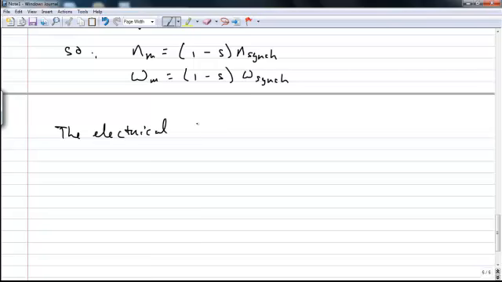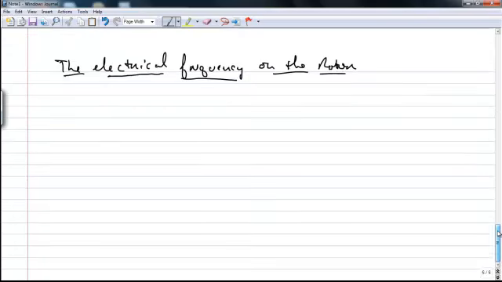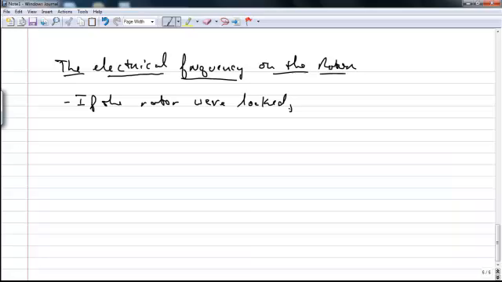Recall that in a transformer, the frequency on the primary side is equal to the frequency on the secondary side. But as we're going to see, that's not the case in the induction motor. So we said if the rotor were locked, it would have the same frequency as the stator.